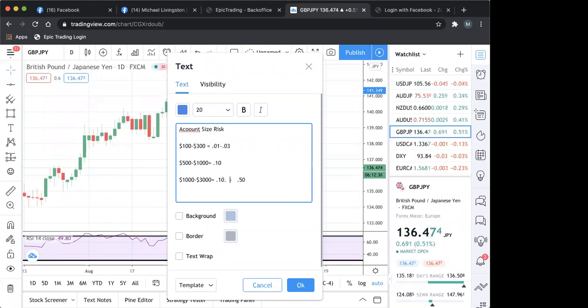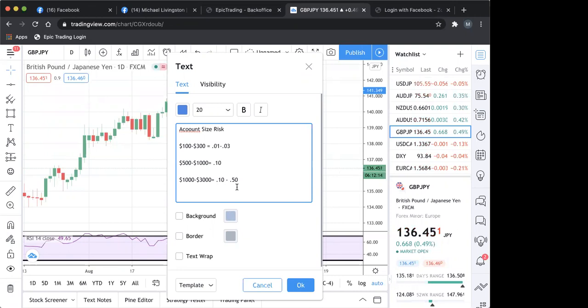That's still a lot. I'm trying to make it so it's not so scattered. There we go. So yeah, 10 cent to 50 cents. So 50 cents, guys, that's a lot. You catch 10 pips, that's $50.